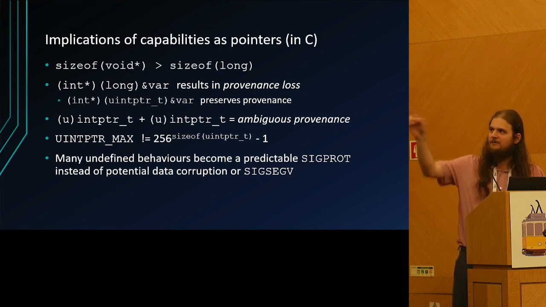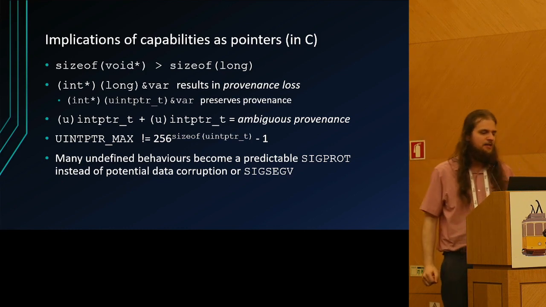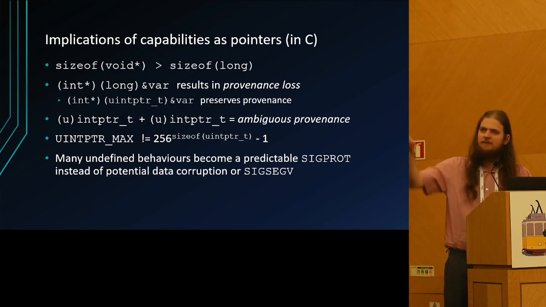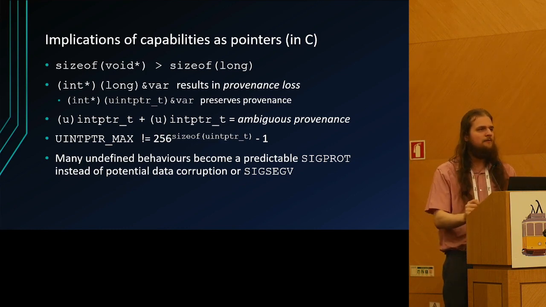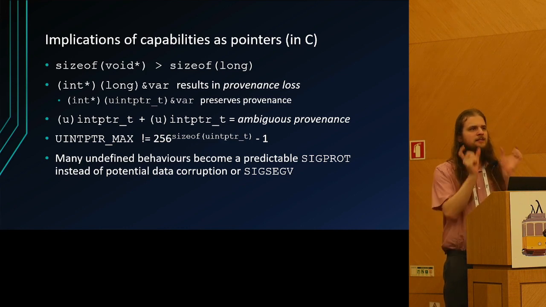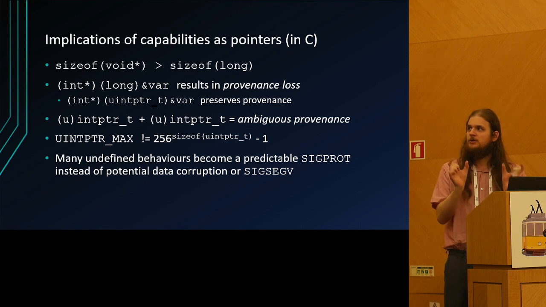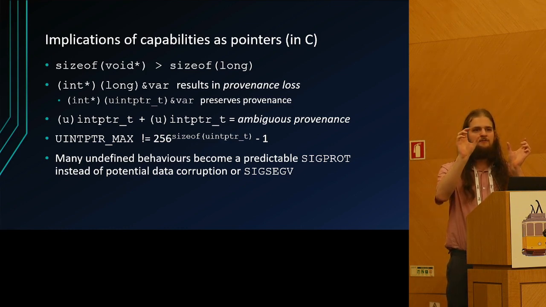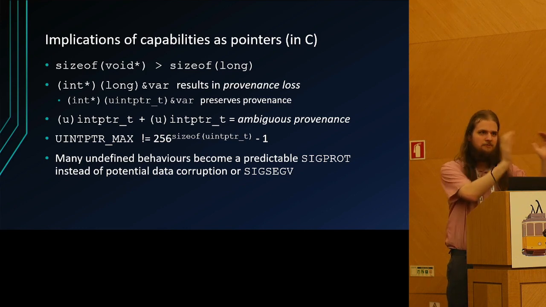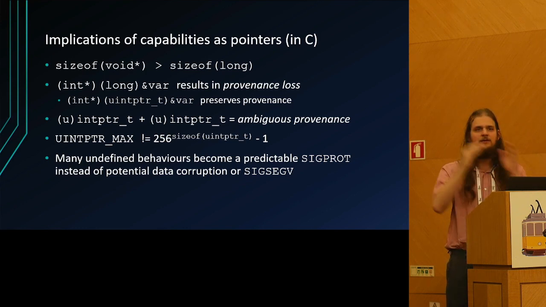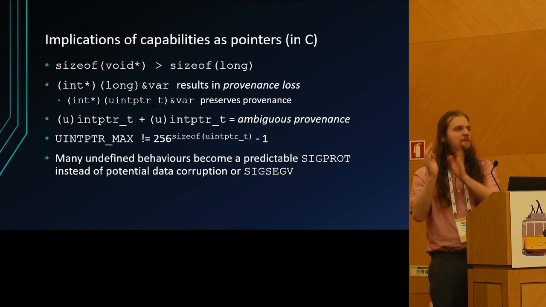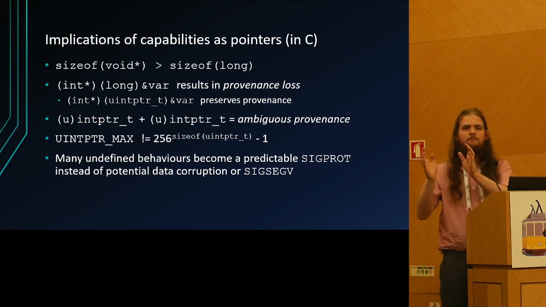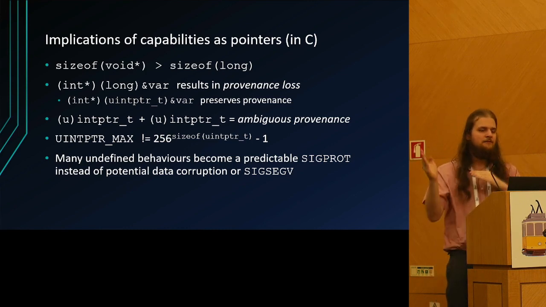One implication of the fact that uintptr_t and intptr_t are capability types is that you can't just tell the compiler to add two of the values together, because it doesn't know which provenance and metadata it should keep. So the compiler can't know whether you mean to add the value of this capability to the whole first capability, or whether you want to keep the whole value and provenance of the second capability, and just add the value of the first.